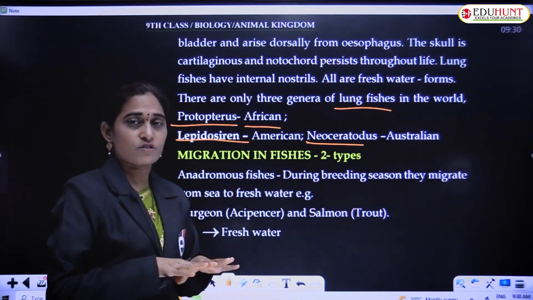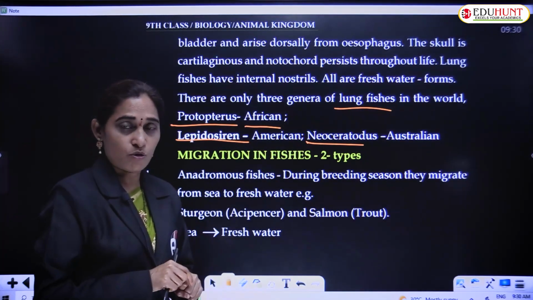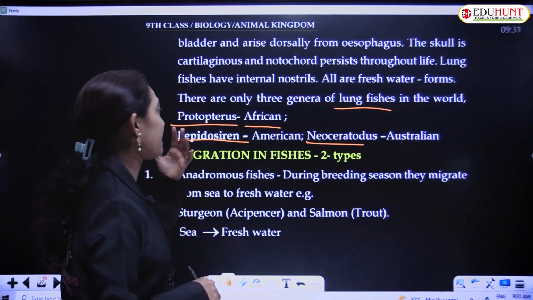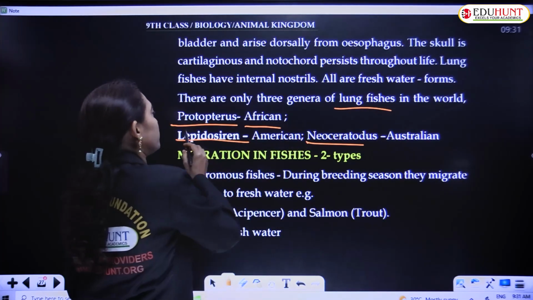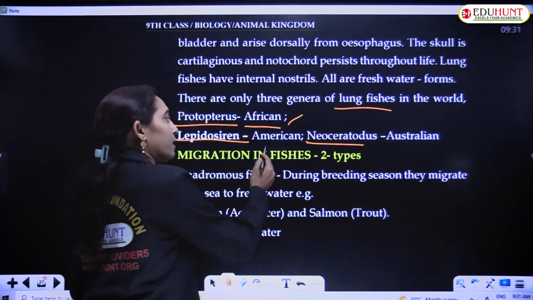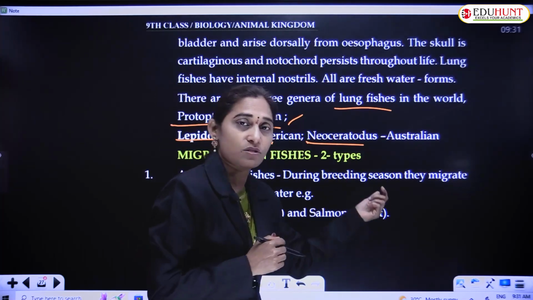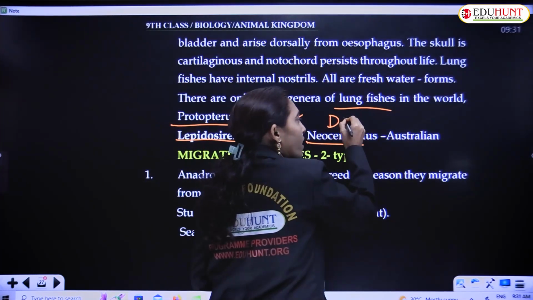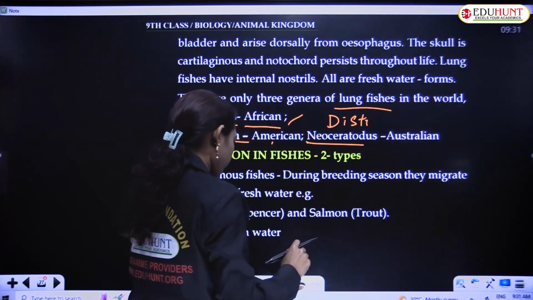The distribution is not uniform, not throughout, but discontinuous because they are present in separate continents. This is a best example of discontinuous distribution.